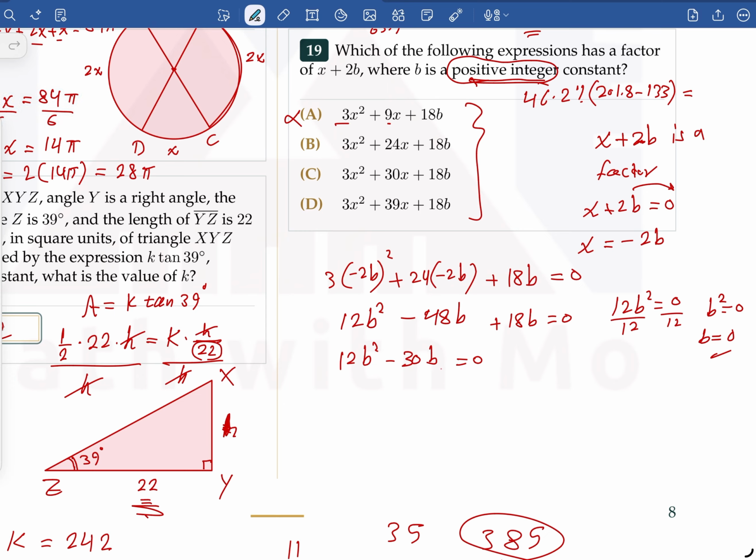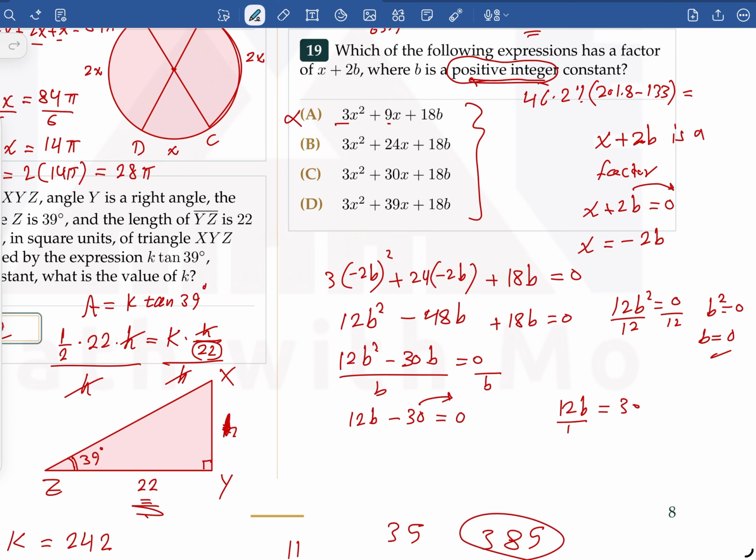Now, if we want to simplify this, b is not equal to 0, so we can divide all of them by b. So 12b squared divided by b is 12b only, minus 30, b cancels b, 0 over b is equal to 0. Move the 30, you get 12b is equal to 30.